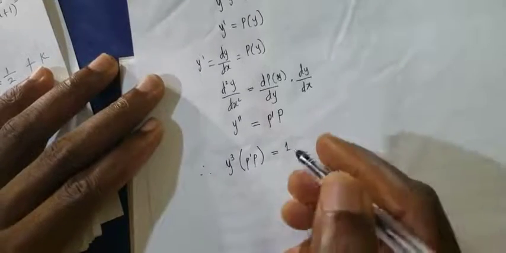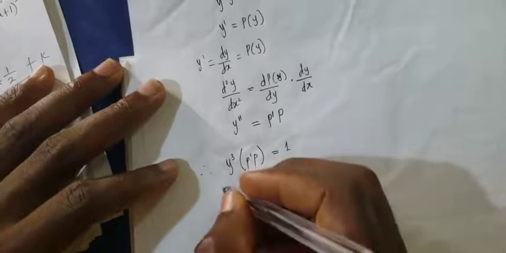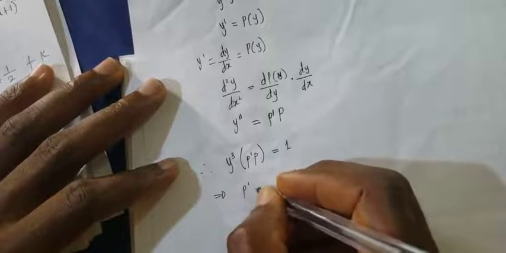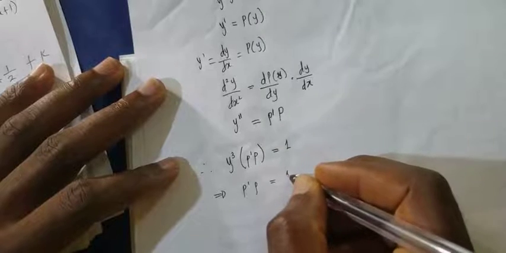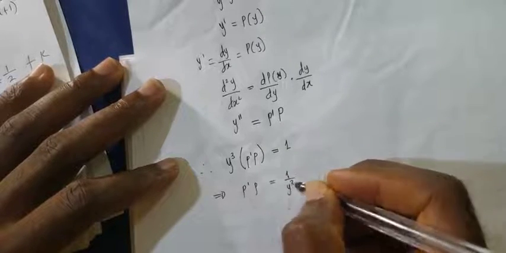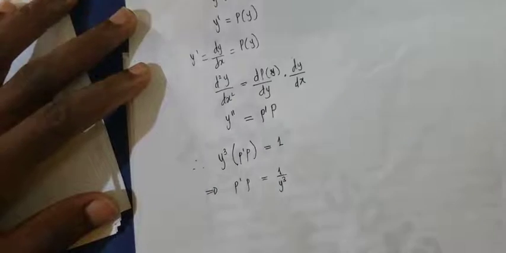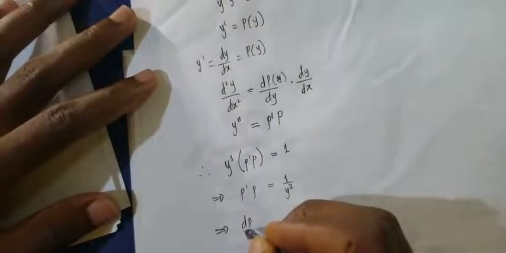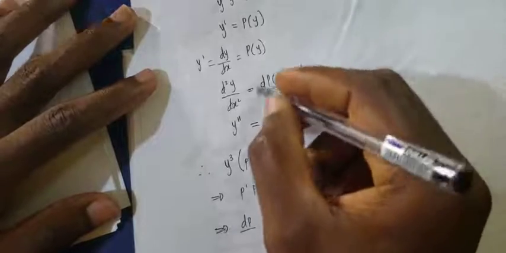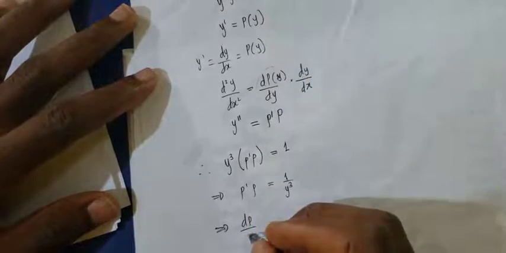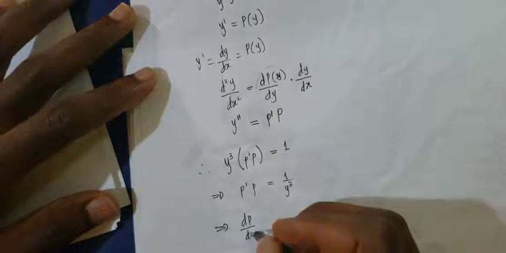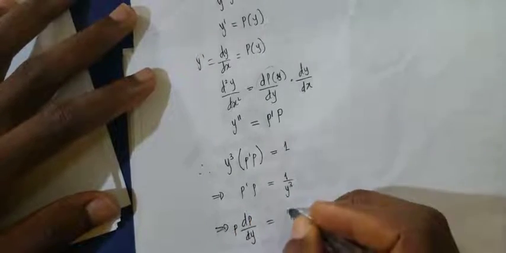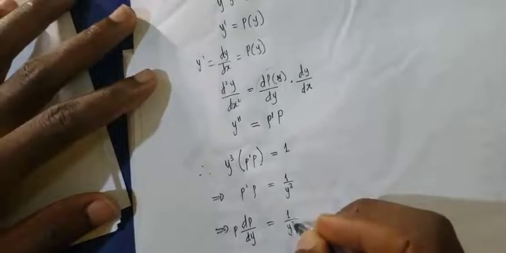So at the end of the day, we have p prime p is equal to 1 over y to power 3. Don't forget our p prime is dp dy. So we have dp dy multiplied by p to be equal to 1 over y to power 3.